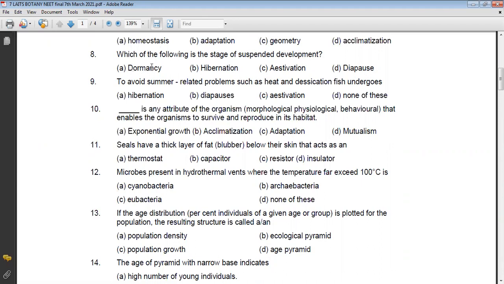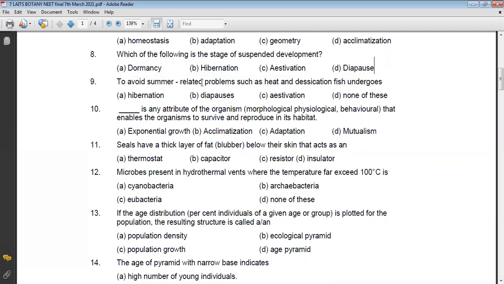Dormancy means when, in favorable condition, seeds or buds are not germinating. In unfavorable condition, when they are not germinating, that is called quiescence. So suspended development is called diapause. In some algae or some microorganisms we find diapause.